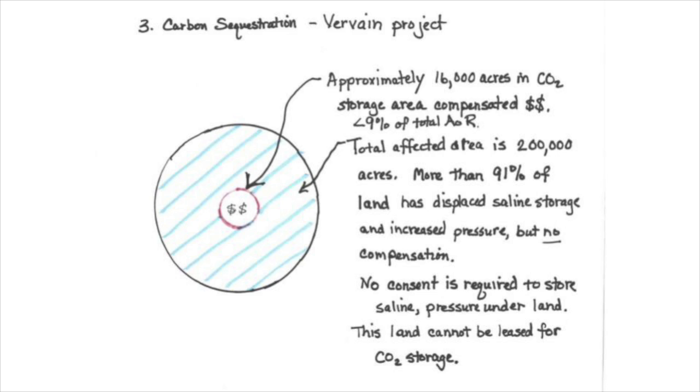So more than 91% of the land has displaced saline storage. They're storing more saline than God put under there for them. And they are experiencing increased pressure, but they get no compensation and have given no consent. Interestingly though, this land that they have cannot be leased for CO2 storage once this project is in motion.